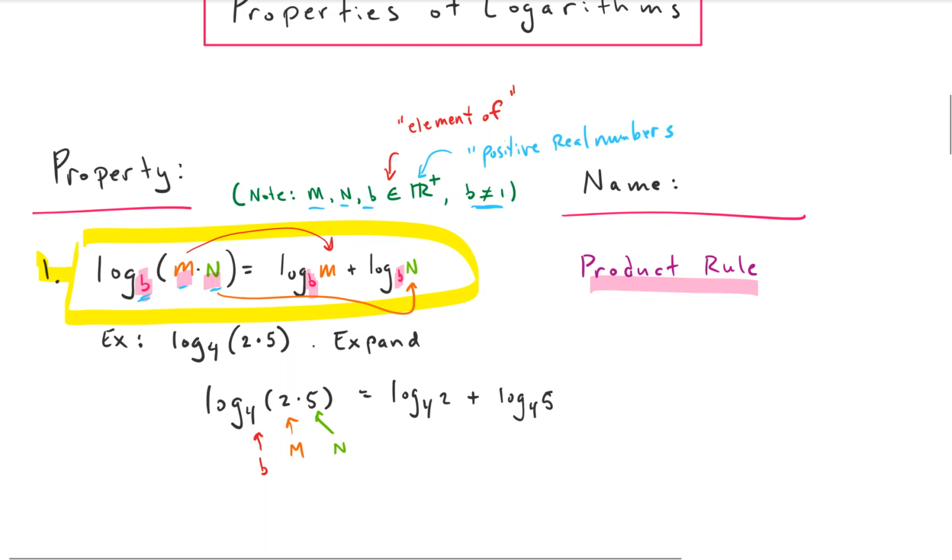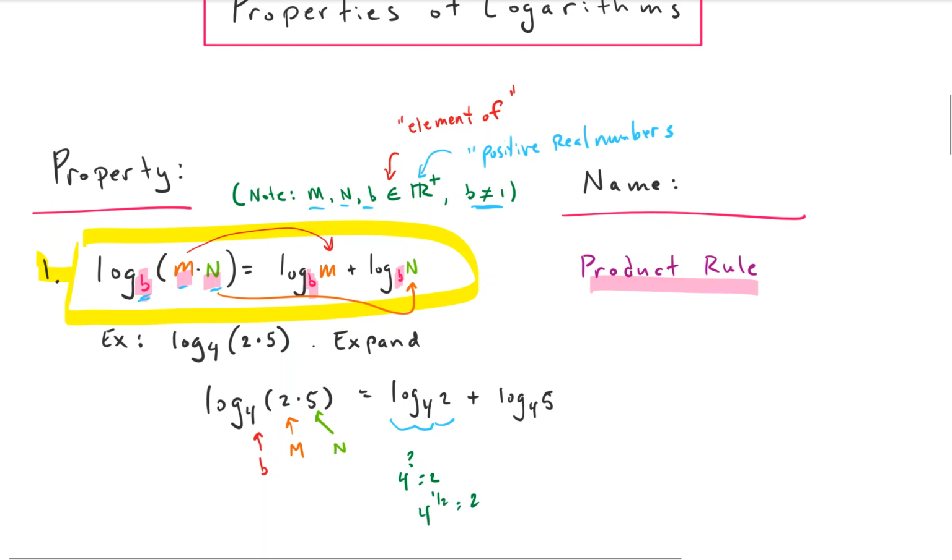So we think we're done because we have followed the rule perfectly, but we have one other item. This can be simplified even further because really what it's asking us is 4 to what power equals 2, and we know that's 4 to the 1/2 power equals 2 because the square root of 4 is 2.